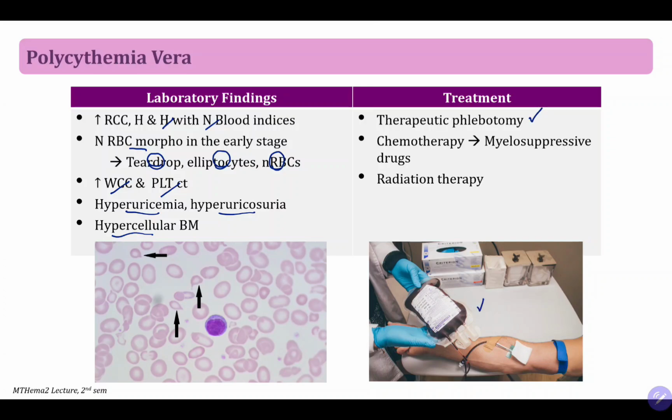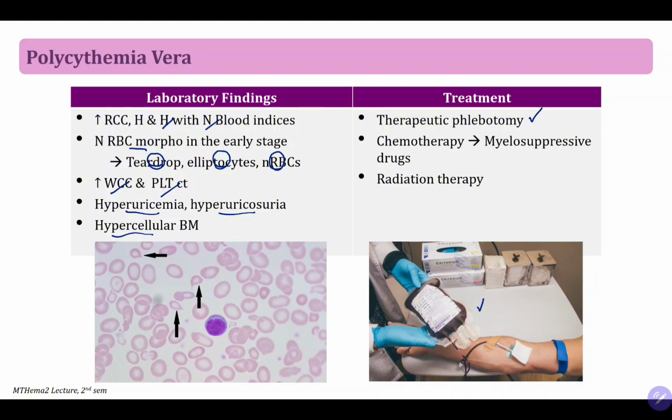However, in cases of polycythemia vera, the goal for therapeutic phlebotomy is to be able to decrease the viscosity of the blood. Kasi nga, di ba, madami yung cells niya. So, para hindi siya mag-clump, hindi magkaroon ng complications, kailangan bawasan yung levels. Kaya nagkakaroon ng phlebotomy. This is usually done multiple times or as needed by the patient.